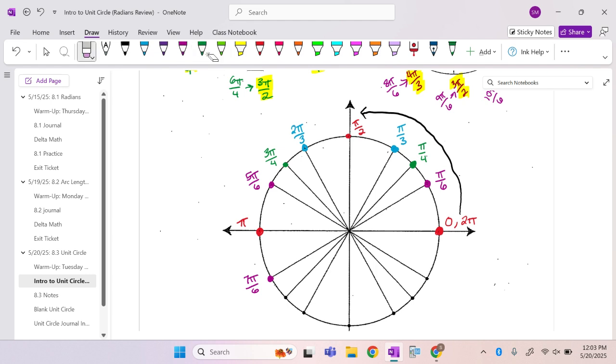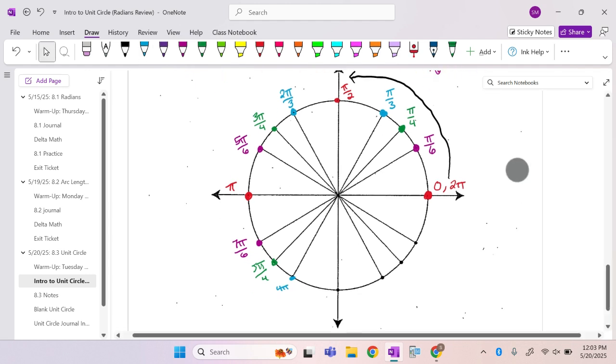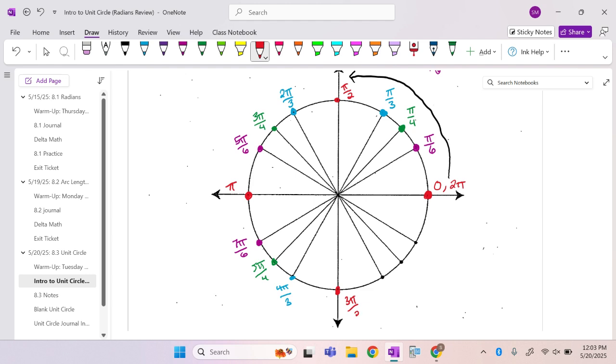Then we're going a fourth of the way. 5 pi over 4. Another third. 4 pi over 3. Another half. 3 pi over 2. So now we got another third.